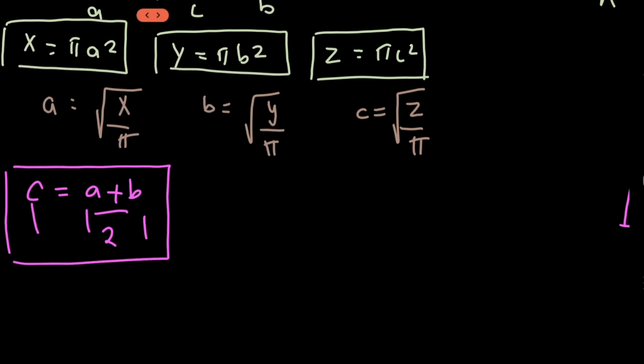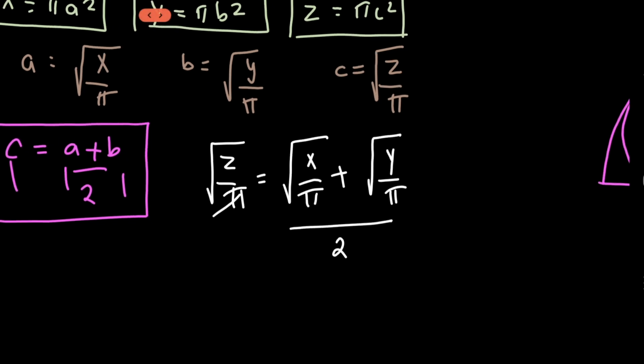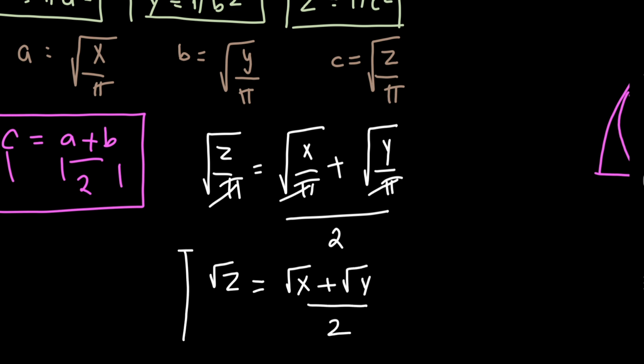So doing so will give me square root of z upon pi equal to square root of x upon pi plus square root of y upon pi divided by 2. So now we can see that square root of pi simply got cancelled out. So we will get square root of z equal to square root of x plus square root of y divided by 2, and that's the answer that we were looking for.